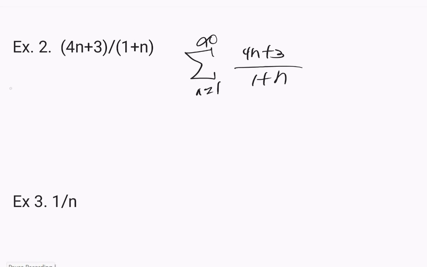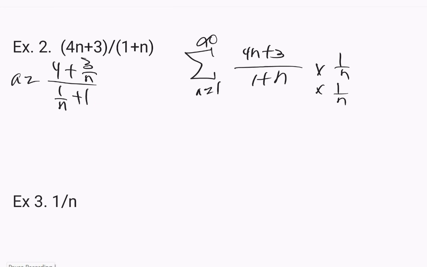To find a sub n, we need to do some operation, then take the limit of the sequence. So let's multiply the top and the bottom of a sub n by 1 over n. Then we get a sub n equals (4 plus 3 over n) divided by (1 over n plus 1).